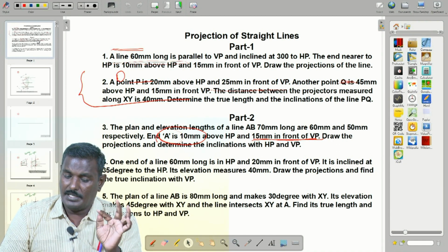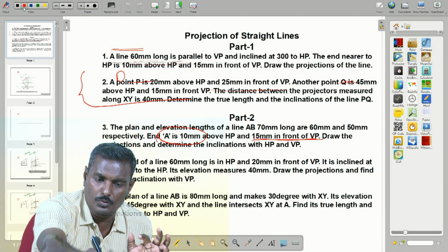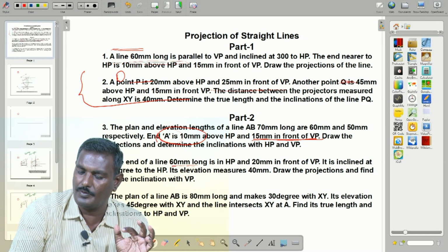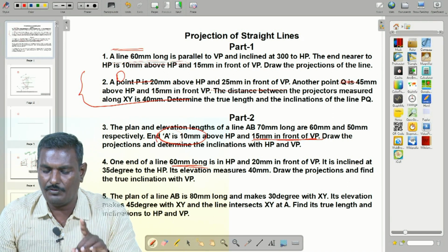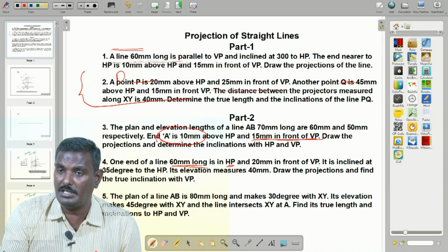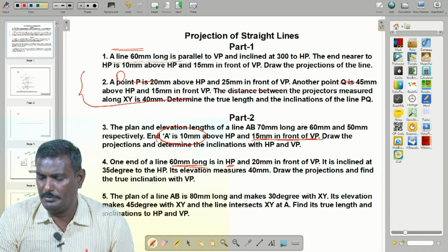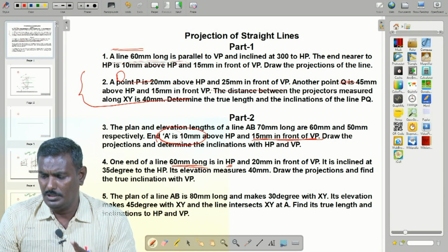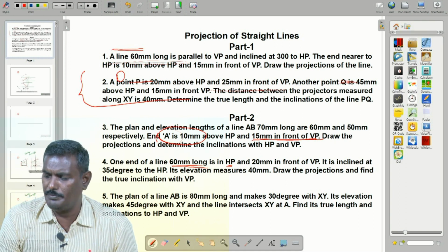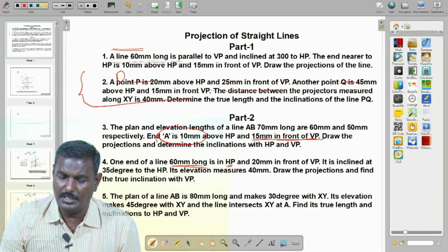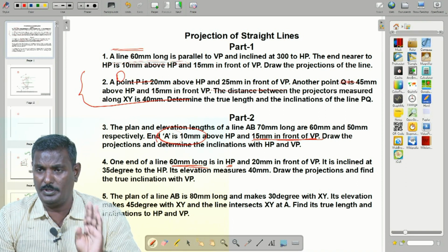So try to understand. In HP means on the XY line, 20 mm in front of VP. So it is inclined at 35 degree to HP.